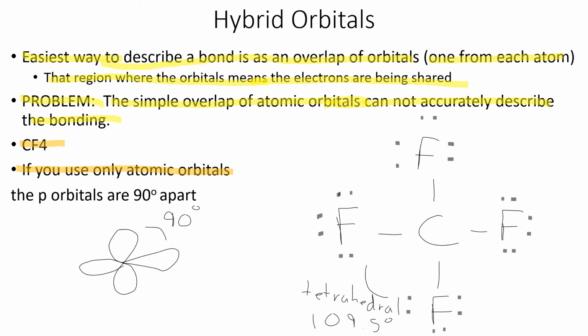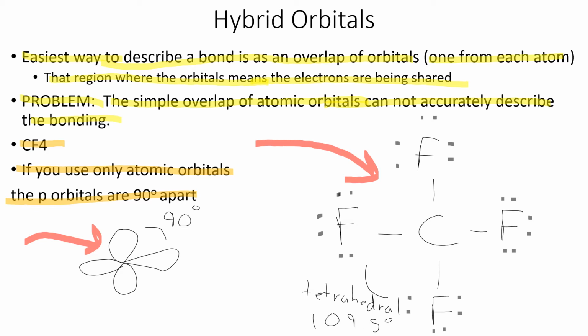Because if we only use atomic orbitals, you have s orbitals and p orbitals, and we know that the p orbitals are 90 degrees apart from each other. Well, if they're 90 degrees apart, how can you get what we actually have for the bond angles? Remember, for CF4 we have the Lewis structure, and with 4 electron groups, it's a tetrahedral electron pair geometry.